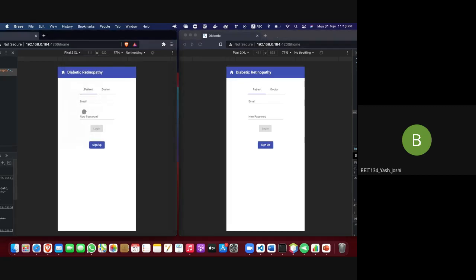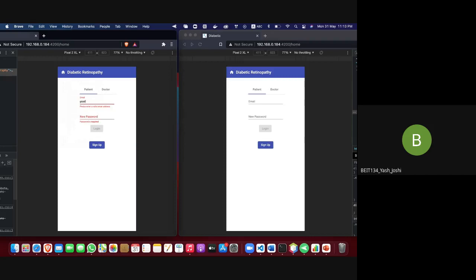So basically, we have made a Mongo database which has a list of patients and their corresponding history and a list of doctors, and the doctors can access these patients' data. There are a lot of validations added, as you can see. It says that front end validations are there.